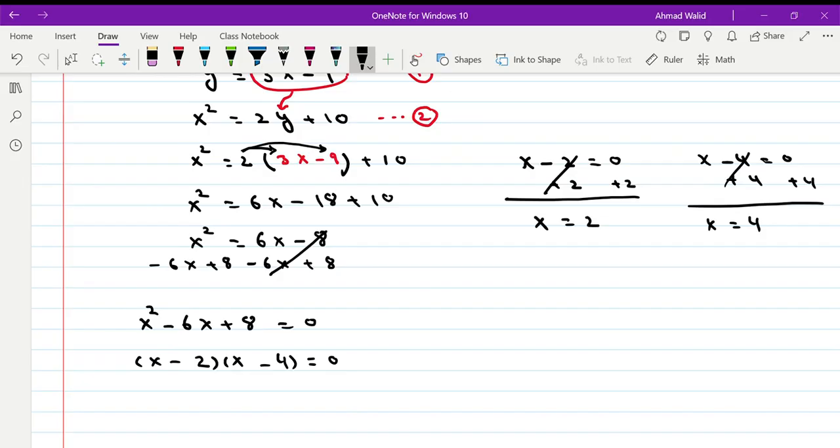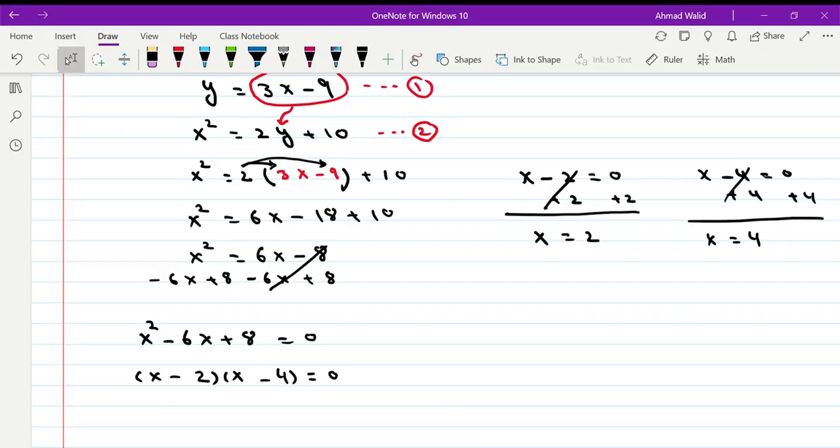Because I found the values of x, now I need the values of y. If you use your linear equation, what was my linear one? This one is the best: y equals 3x minus 9. This equation is ready.